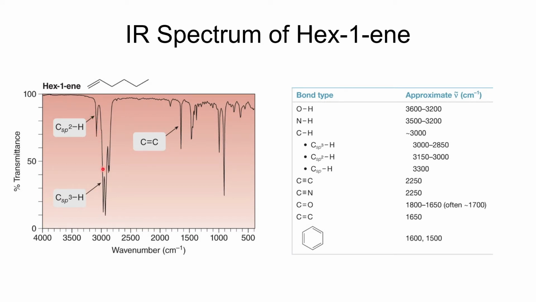And you'll notice it falls in that range from 3150 to 3000. It's separate from this. And so that is a good way to determine if you've got double bonds. You look for the peaks over here, and then you look for carbon sp2 hybridized bonded to hydrogen in that 3150 to 3000 range, and that is a giveaway that you've got double bonds.